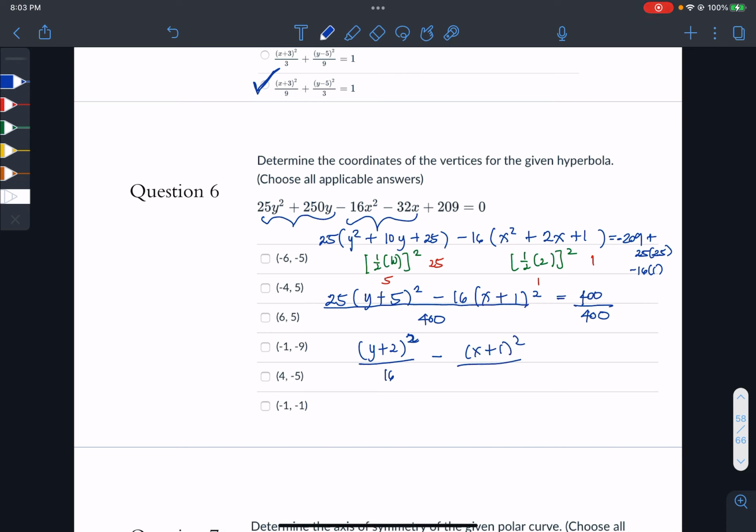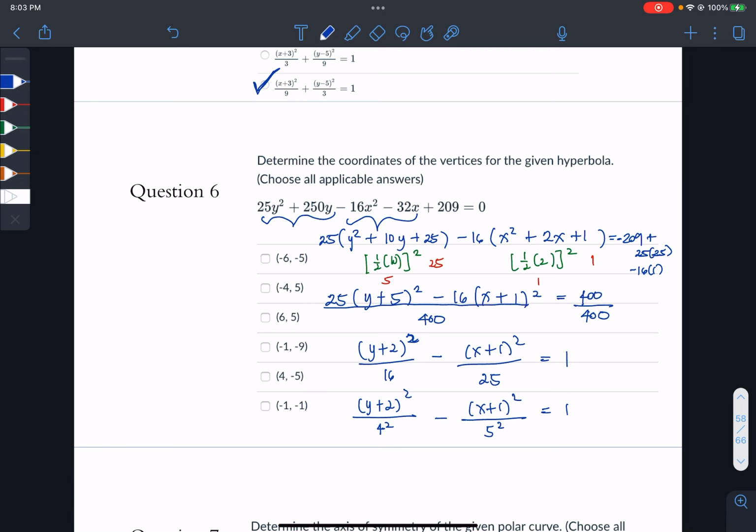So, 16 over 400, that is 25. Is equals to 1. So, ito na yung standard form ng hyperbola natin. No? So, ang gusto natin makuha yung a and b. So, that would just be y plus 5 squared all over 16 is 4 squared, minus x plus 1 squared all over 5 squared equals to 1.